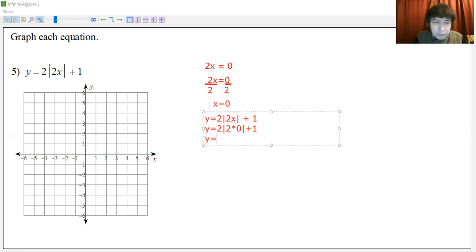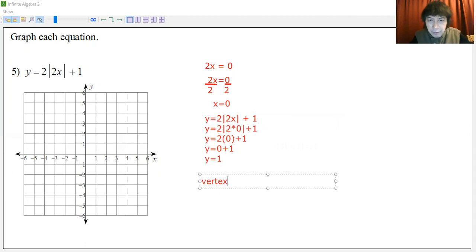So y is equal to 2 times 0 plus 1. And so this is just 0 plus 1, and we have our value 1 for y. And we found our vertex. This is where the graph starts at 0, comma 1. That's the vertex of the absolute value function graph.